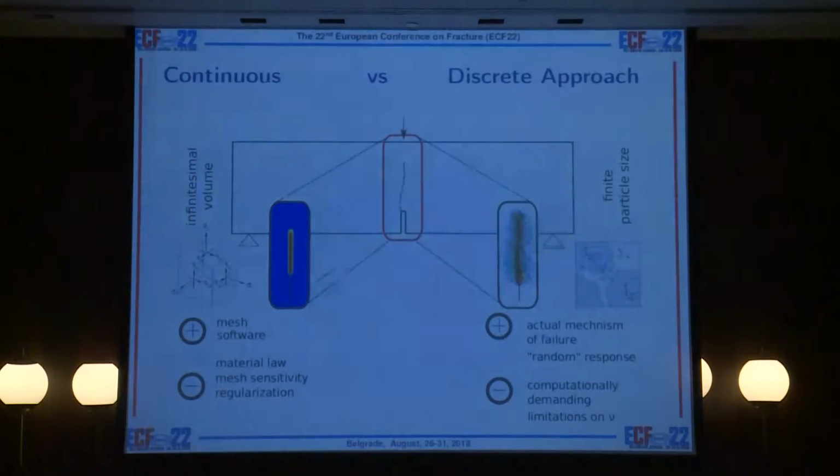Since we want to investigate the fracture of concrete, which initiates and the crack grows at the scale of material where we distinguish individual aggregates, the material is quite homogeneous here, quite heterogeneous here, and so we decided to use the model that already incorporates the heterogeneities of the material by its very nature.